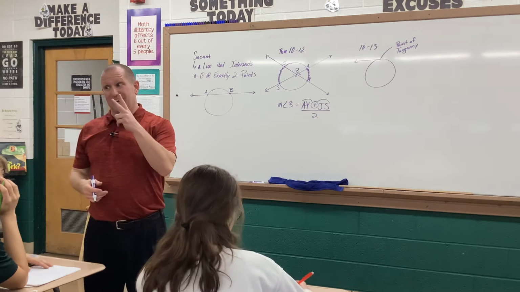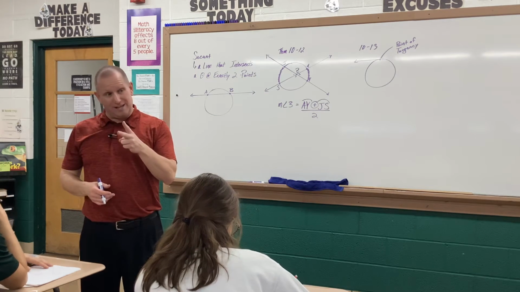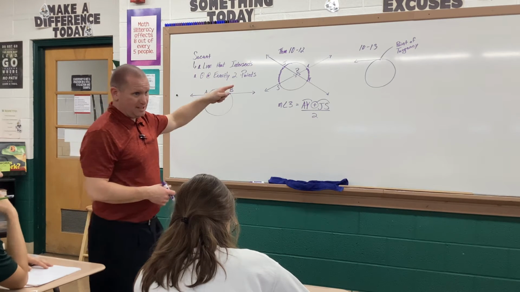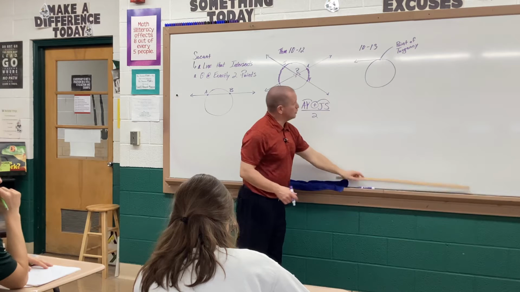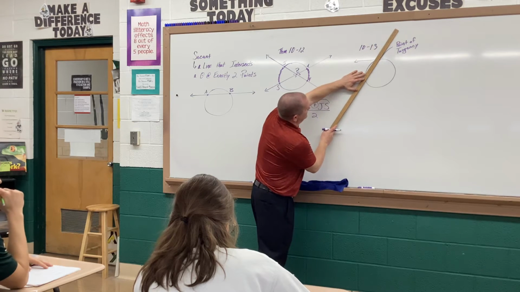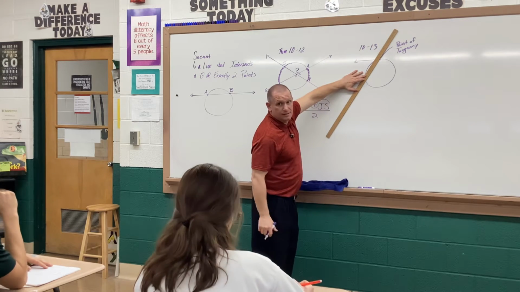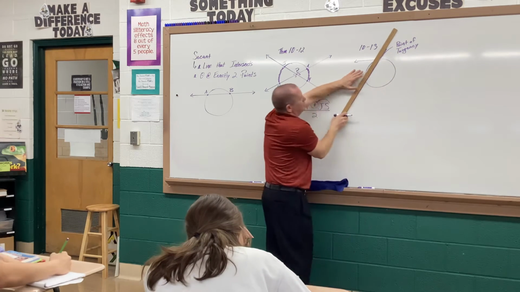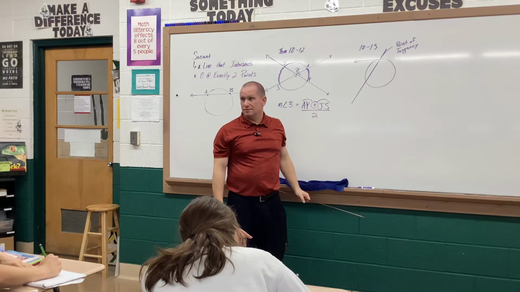So the line has to touch the circle twice, but it has to go through that dot. Can you envision that? So draw a secant. It goes through that dot, but touches my circle 2 times.